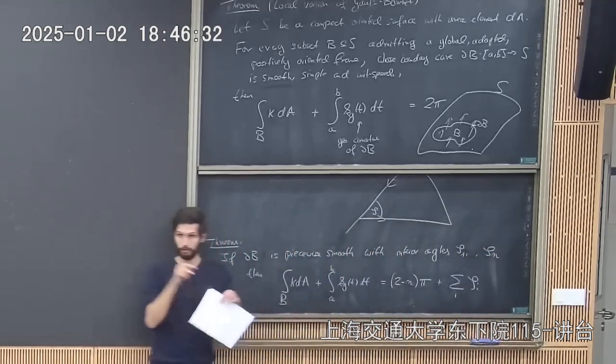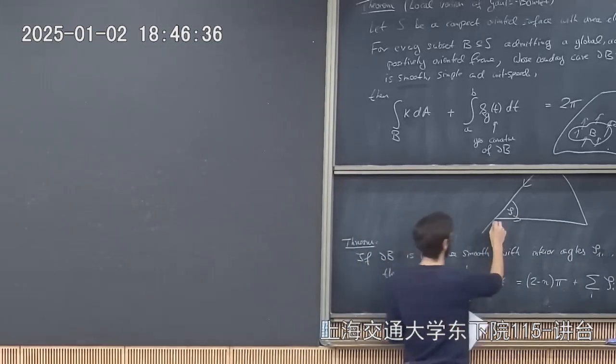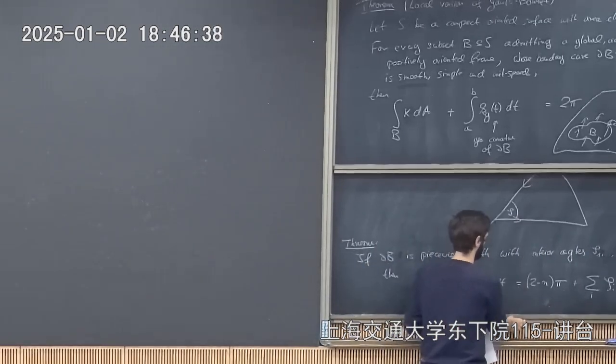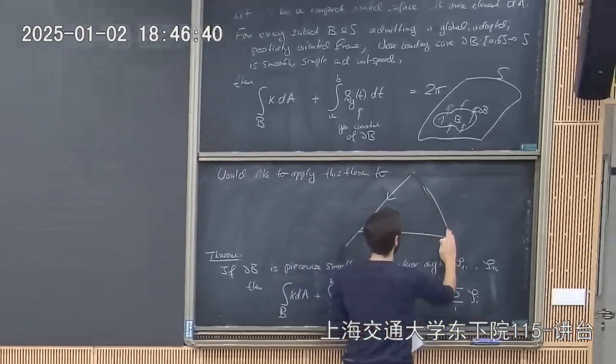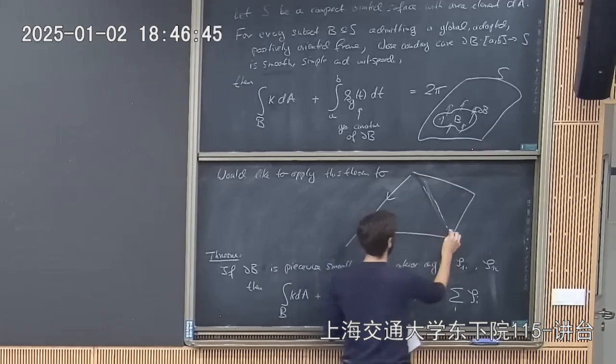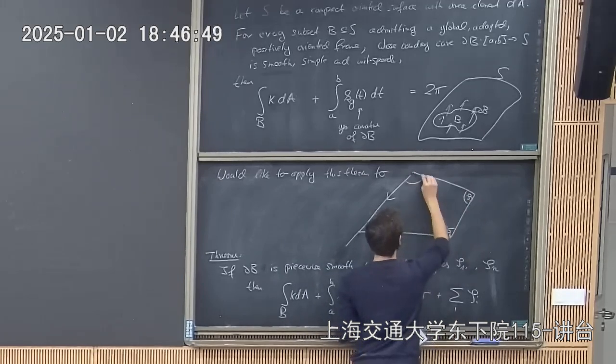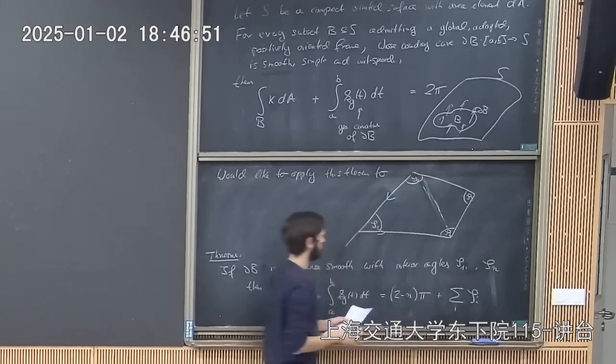If you have an n-gon, a polygon with n edges, here would be 1, 2, 3, but you might have something that looks like this. Then we have phi 1, phi 2, phi 3, and phi 4.